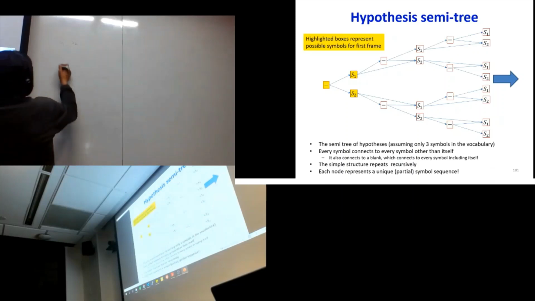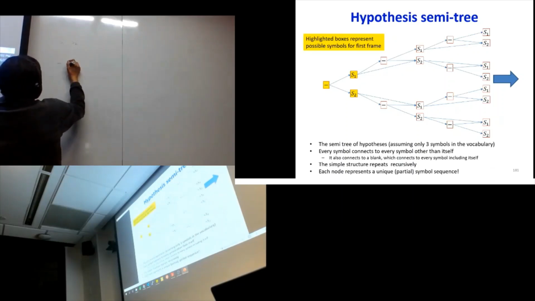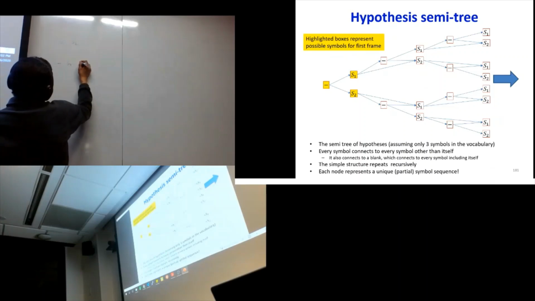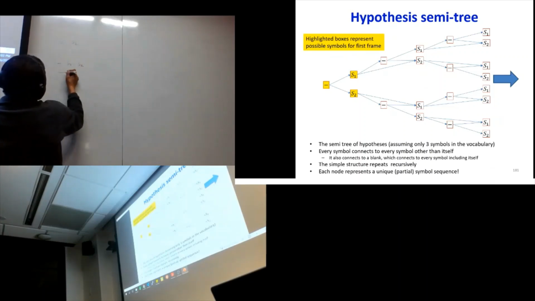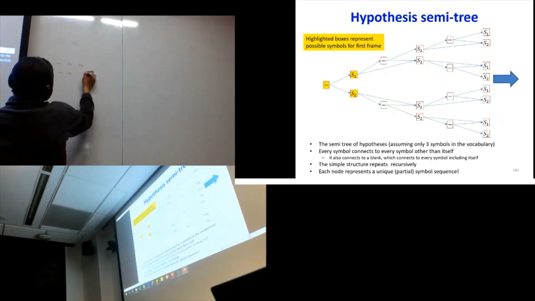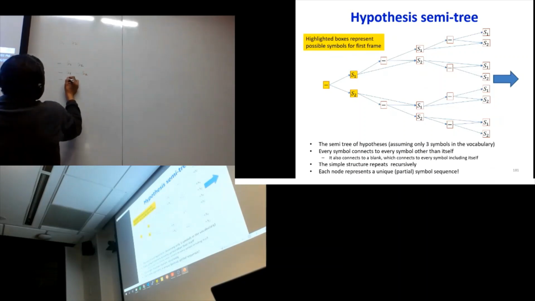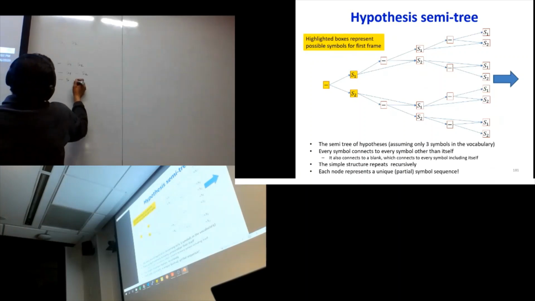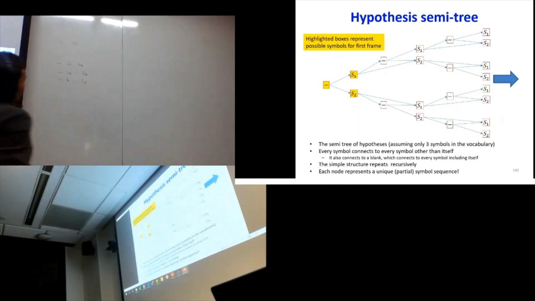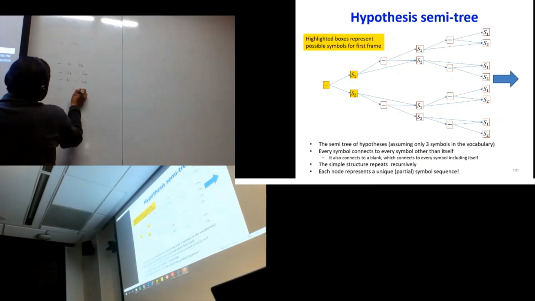What are the different ways in which I can do it? I can do blank S1, S2. I can say blank S1, blank S2. I can say blank S1, blank S1. Then again, I can have S1, S2, S1 blank S2, and S1 blank S1.